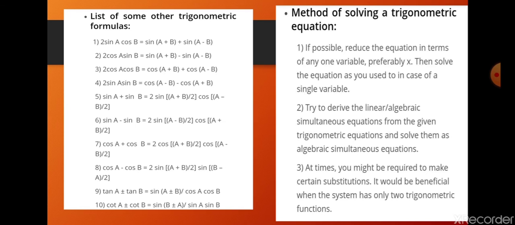Try to derive linear or algebraic simultaneous equations from the given trigonometric equations and solve them as algebraic simultaneous equations. Step 3. At times, you might be required to make certain substitutions. It would be beneficial when the system has only two trigonometric functions.